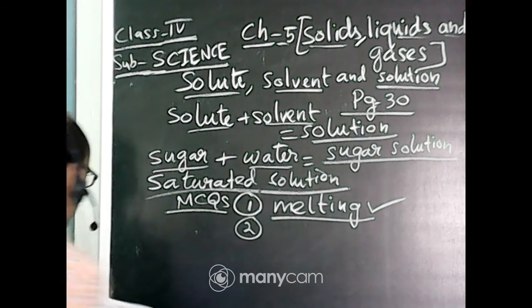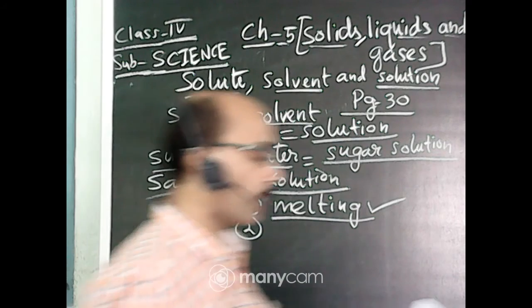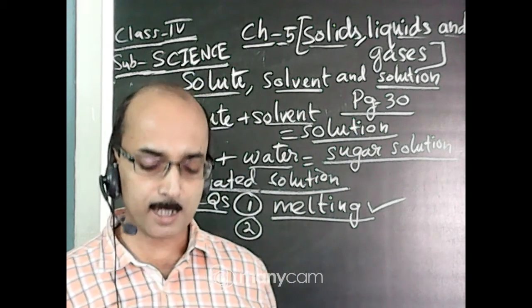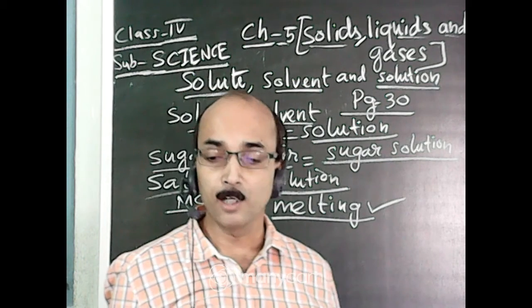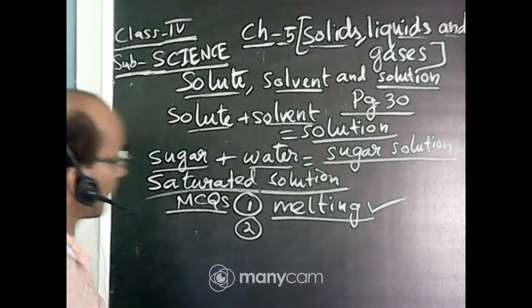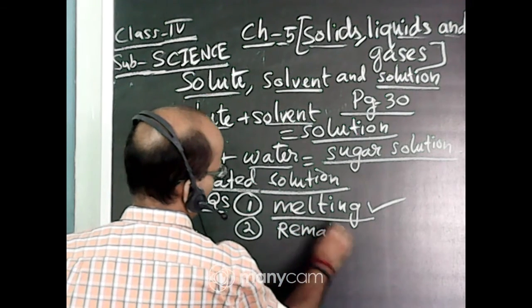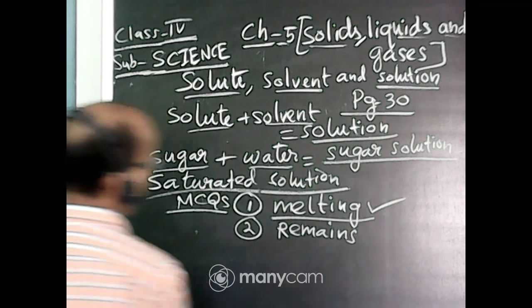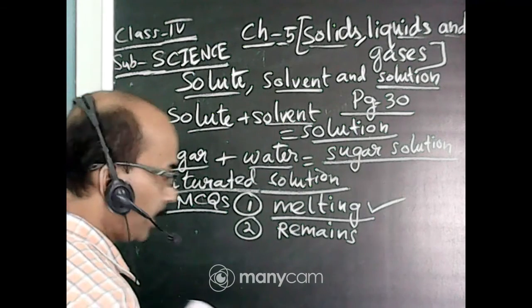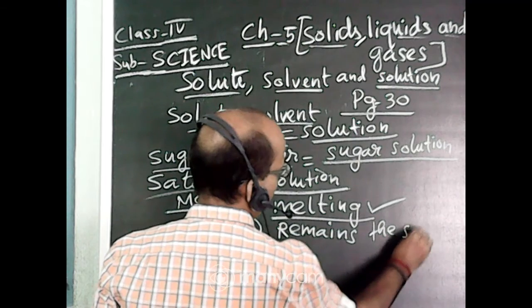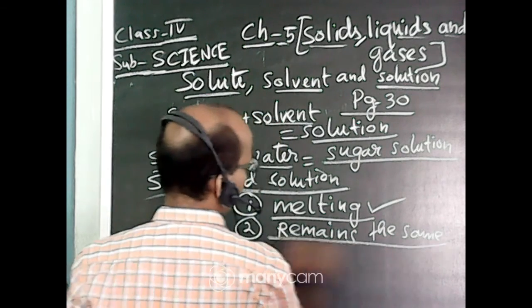Number 2: when sugar is dissolved in water, does the water level increase or remain the same? It remains the same, not decrease. We have seen this in the activity.